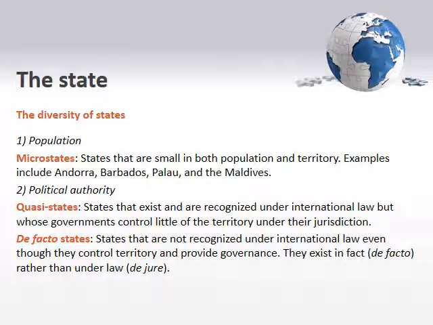There are also de facto states that aren't recognized under international law, even though they control territory and provide some degree of governance. So they exist in fact, or de facto, rather than under international law. An example of this has been Kurdish regions of Iraq.